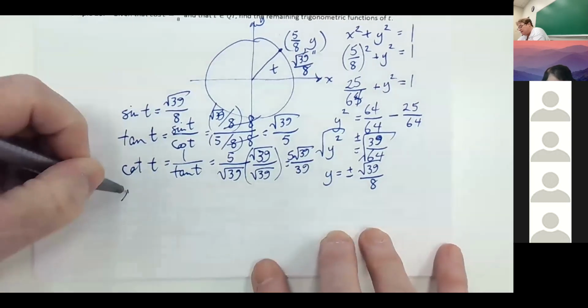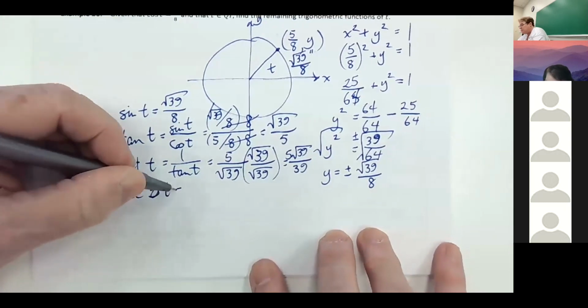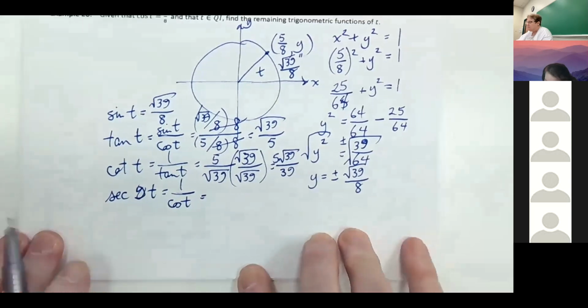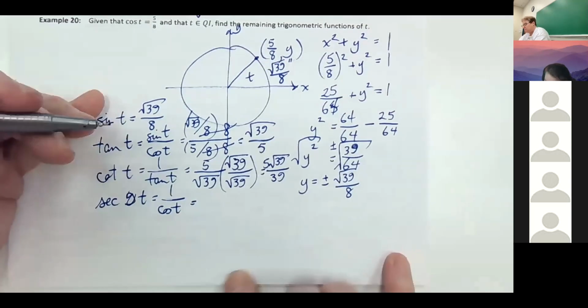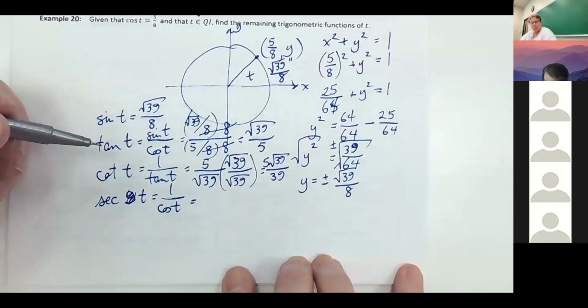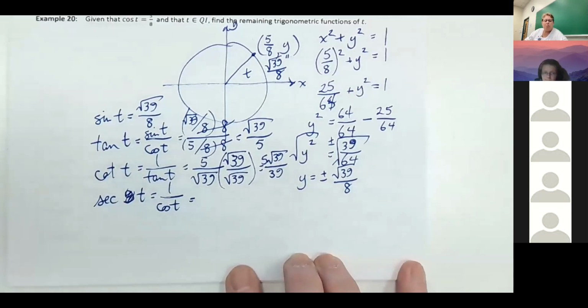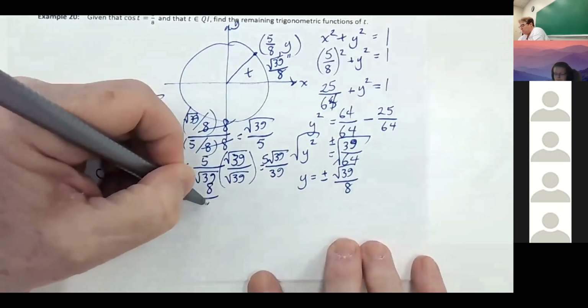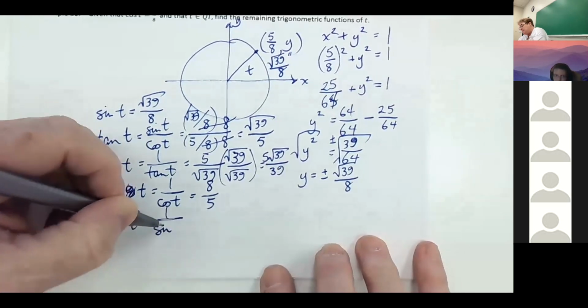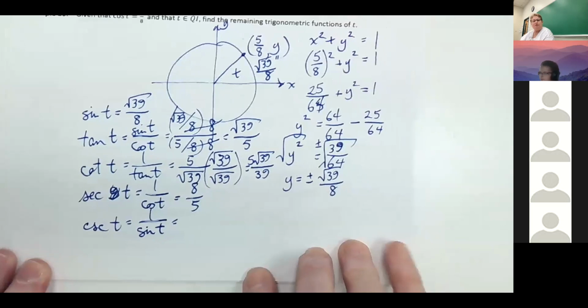The secant of t is the reciprocal of cosine. The cosine was 5/8, so what is the secant? Eight over 5. Good. And the cosecant is the reciprocal of sine. The sine is the square root of 39/8.